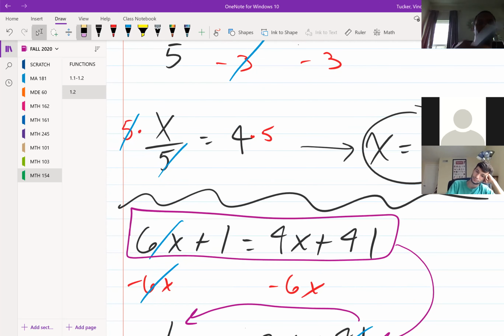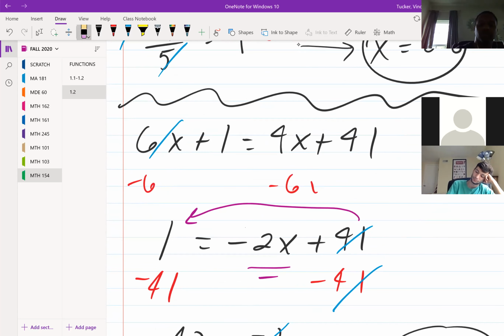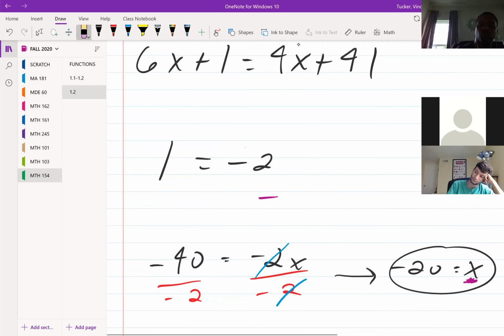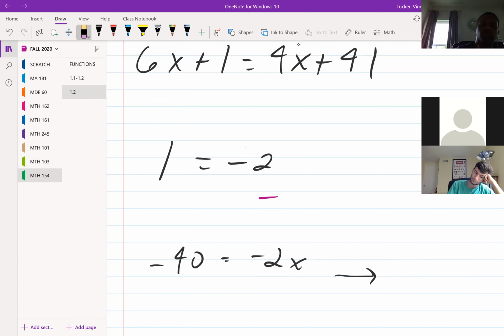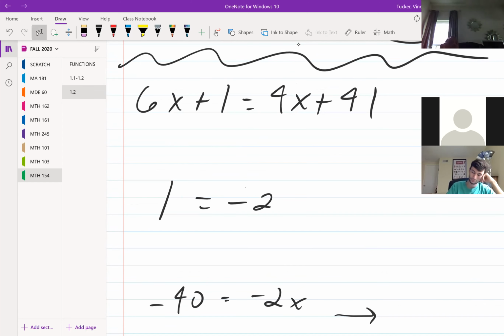Let's look at another one. All right, so here we have 6x plus 1 equal to 4x plus 41.